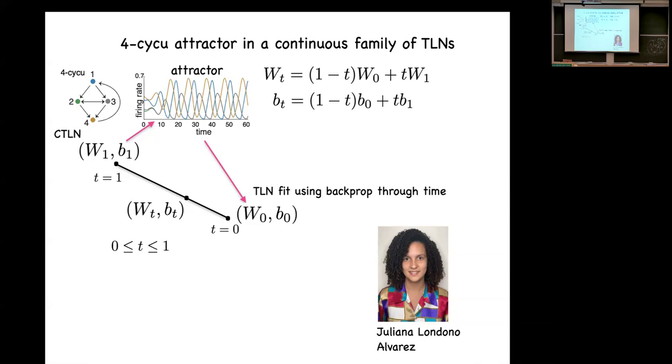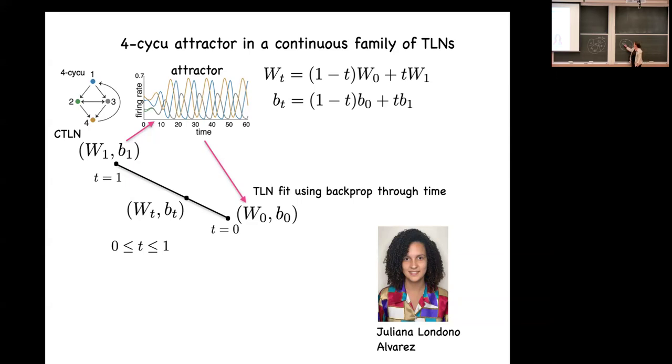You have W1, B1, that's our original CTLN. And then W0, B0, this is the one obtained via machine learning.